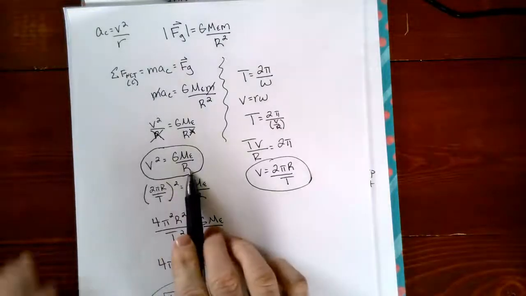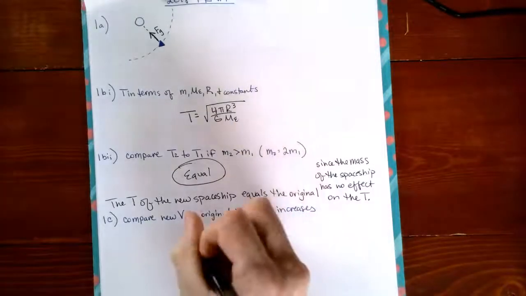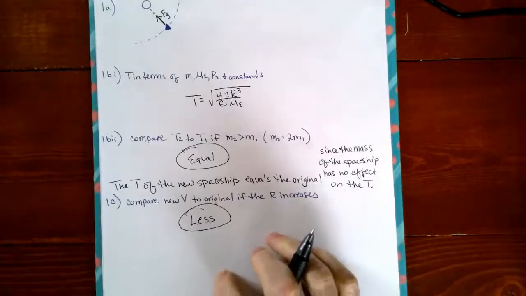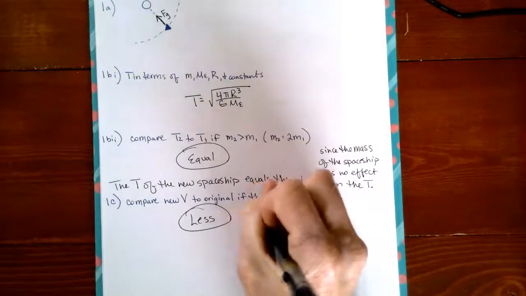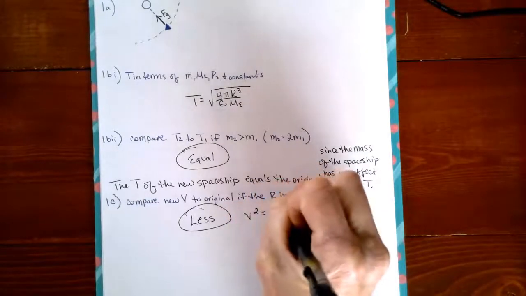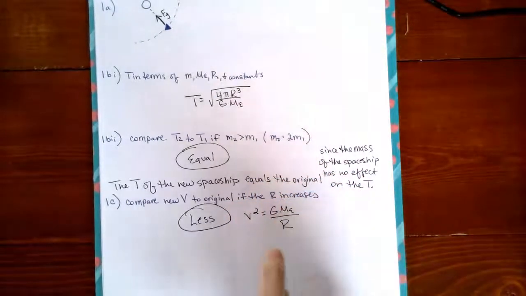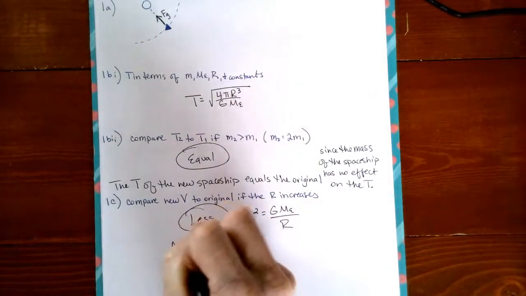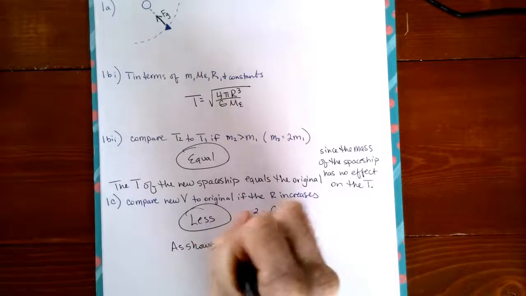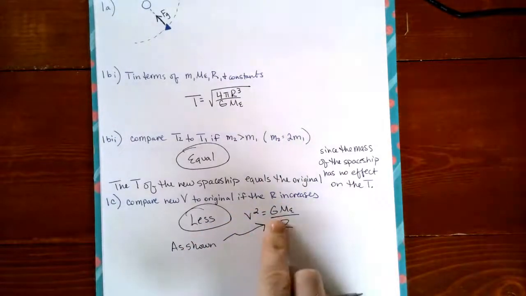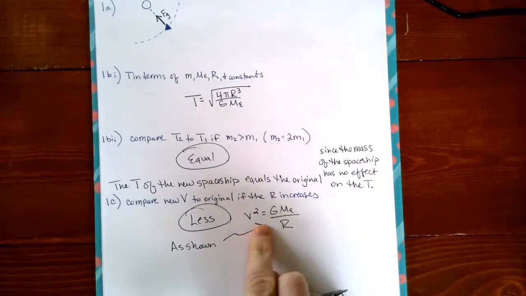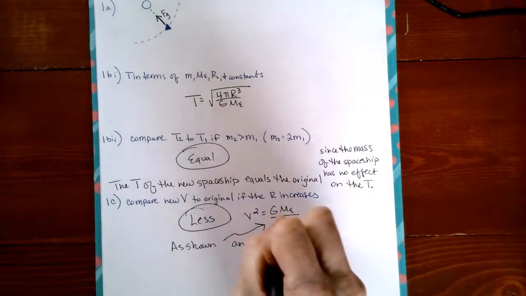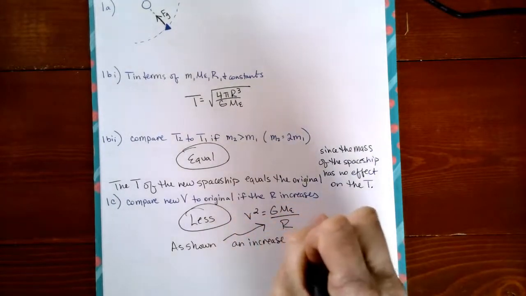And I don't have my equation right here, but I'm just going to rewrite it. And you could just refer here and just say as shown. And you can point to this, and you make it easy for the reader to see what you're saying here. As shown there, an increase in the radius will cause the velocity to decrease.